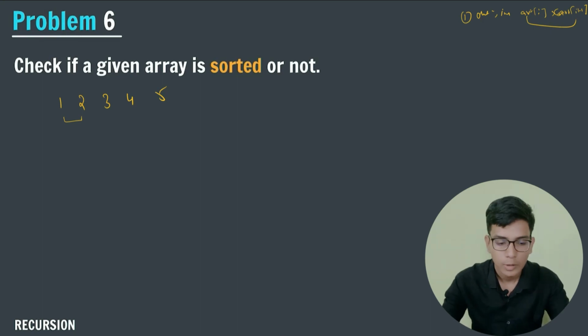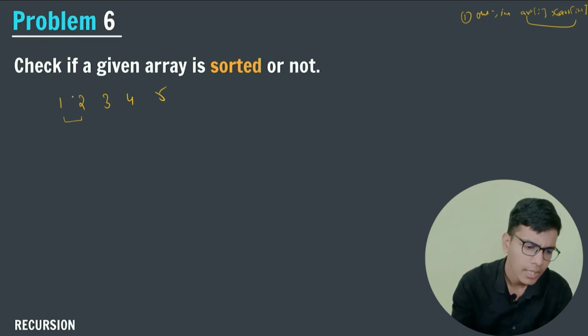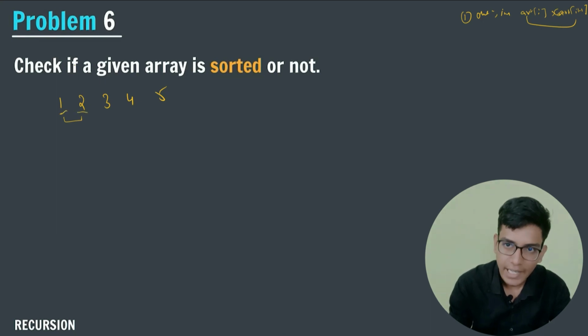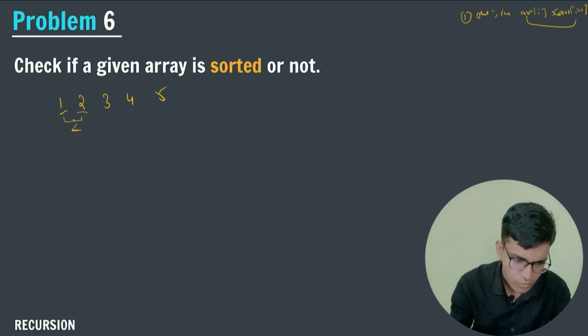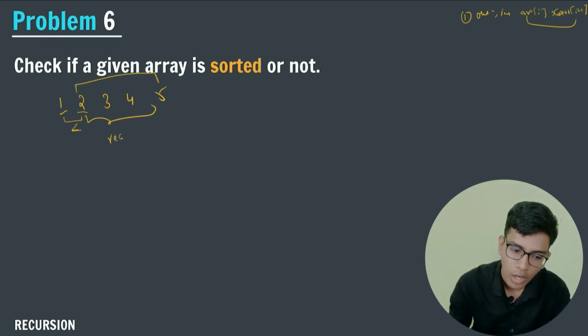It is also an efficient code to write. So here the recursive approach is, first of all, we will compare the first digit with the second digit. If 1 is less than 2, then we'll make a recursive call for the rest of the array. After that we'll compare the next two things.